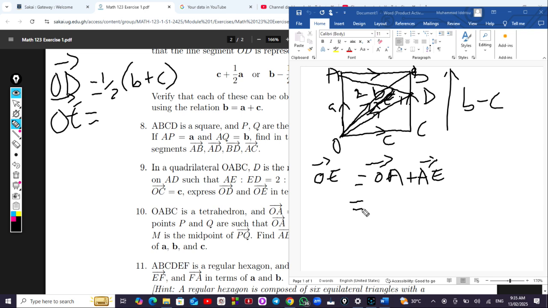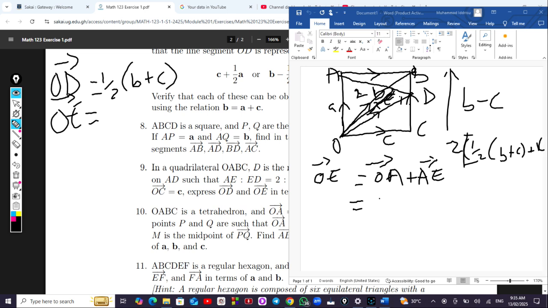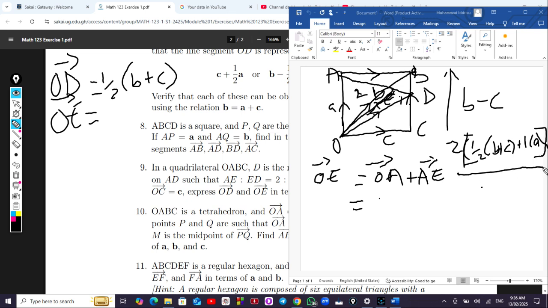So now we know OD and we know OA, so you can use 2 times D, which is 2 times half B plus C, plus 1 times A, all over 2 plus 1.